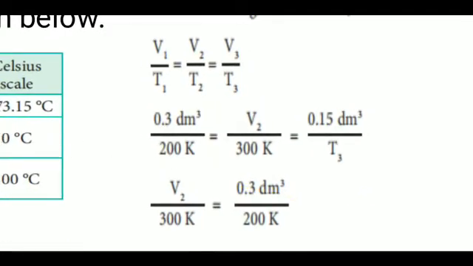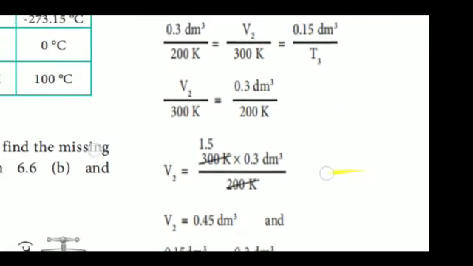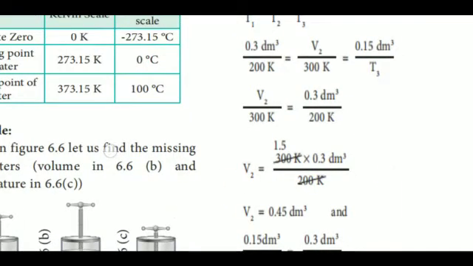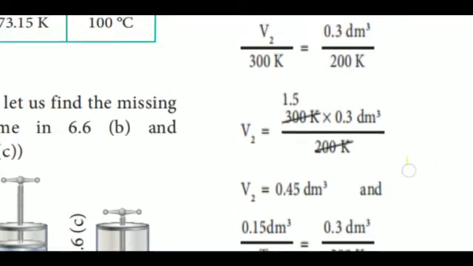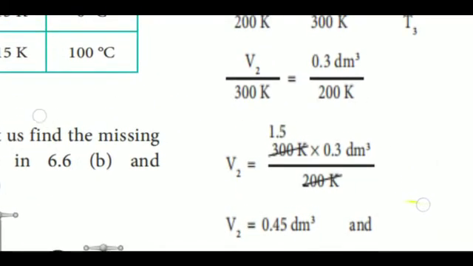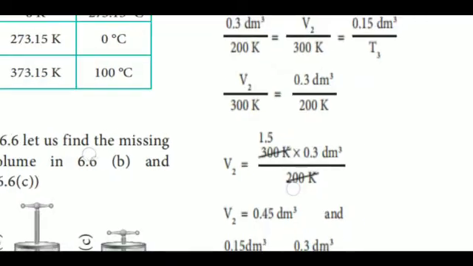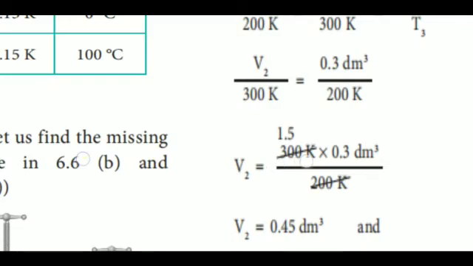We need V2. So we bring the 300 Kelvin to the right hand side. So the formula becomes 300 Kelvin into 0.3 decimeter cube divided by 200 Kelvin. Is it possible to simplify, children? Yes. We can simplify the Kelvin. In the numerator we have 300 Kelvin, in the denominator we have 200 Kelvin.